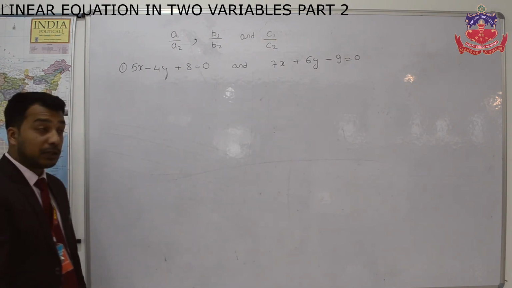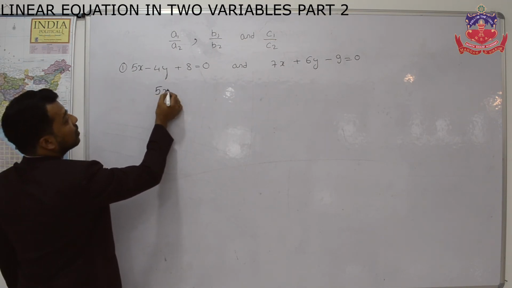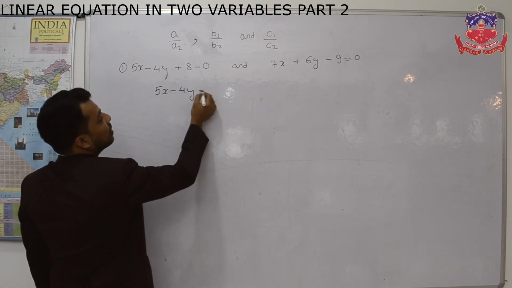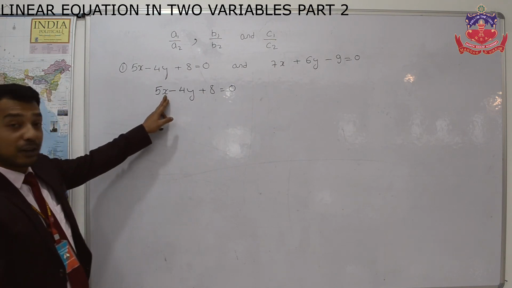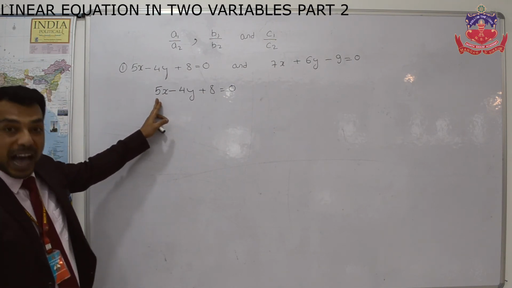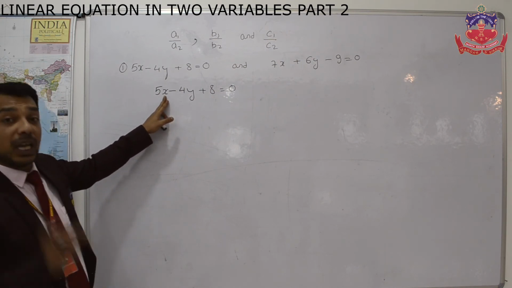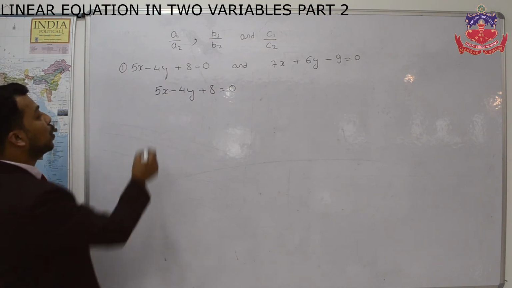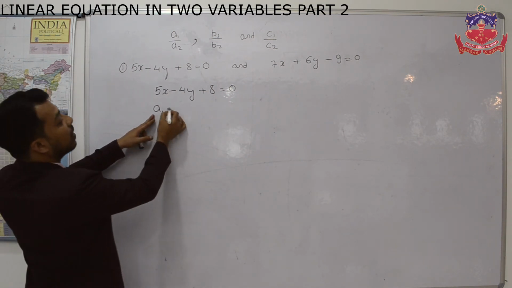First we write the first equation, 5x minus 4y plus 8 equals 0. In front of x, whatever number you have in the first equation is known as A1. So A1 is 5.